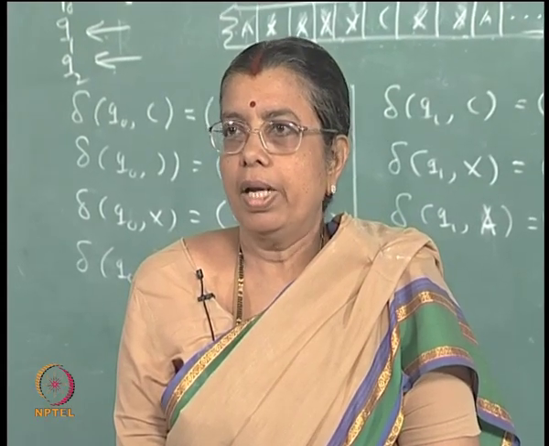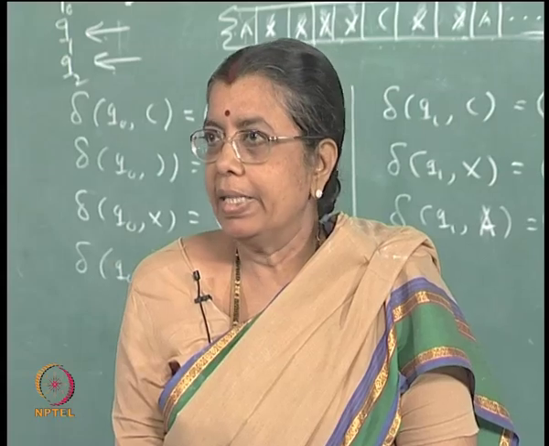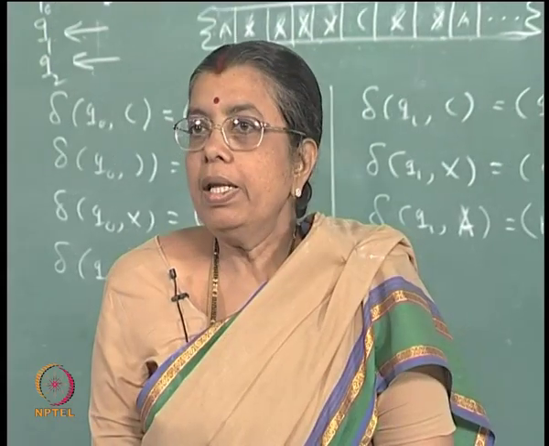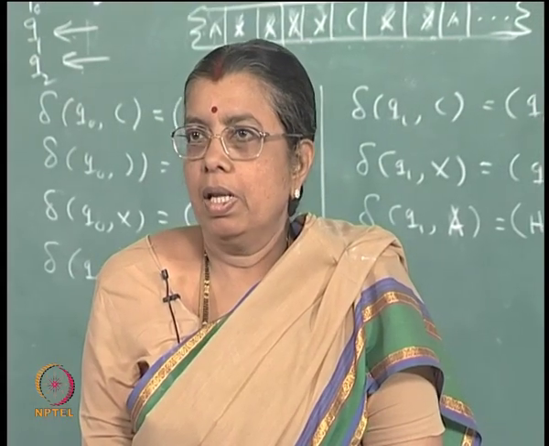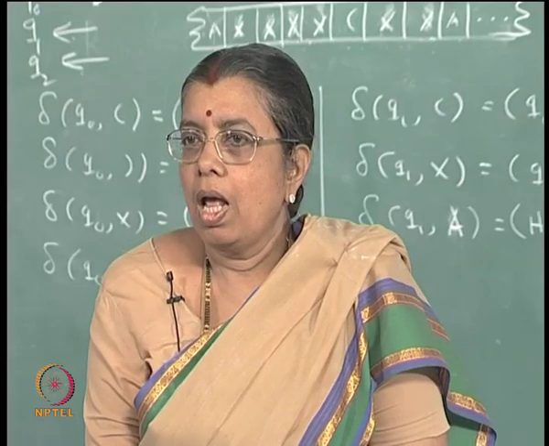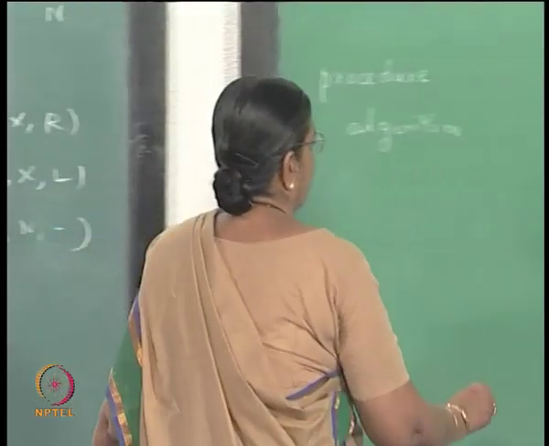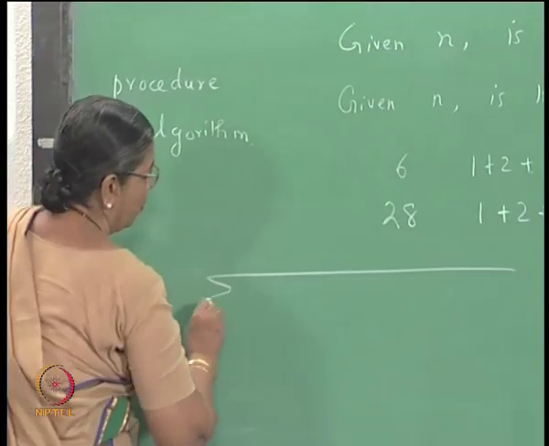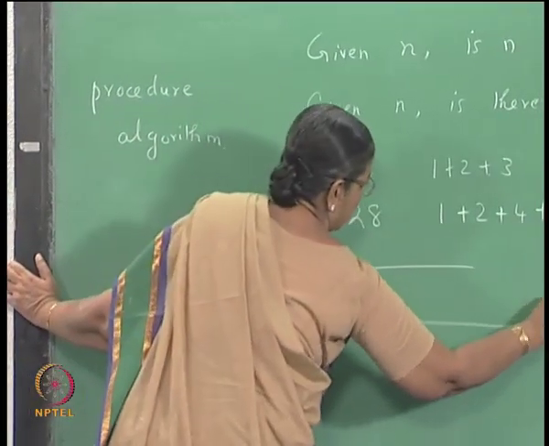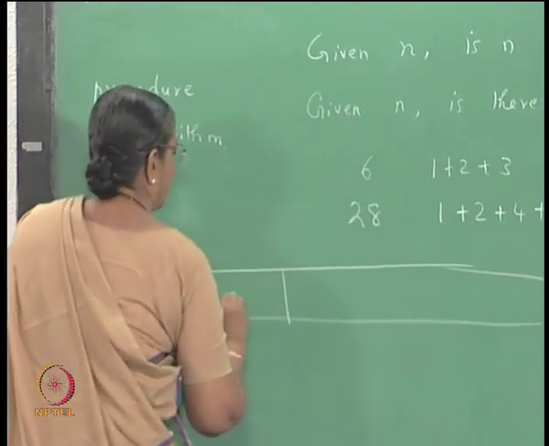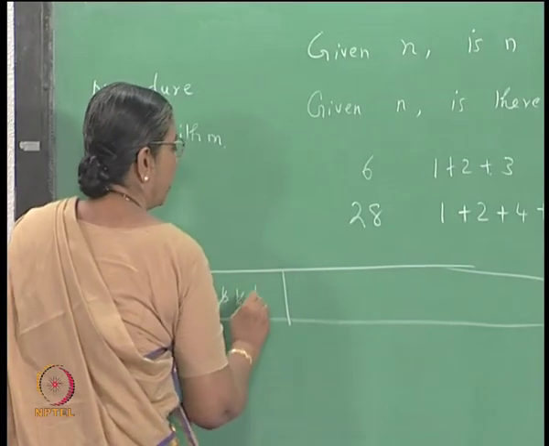As a homework, you can take this. Please try this and come for the next class, which is: given a Turing machine, the input has to be like this. Input is, this is all blank, blank, blank.